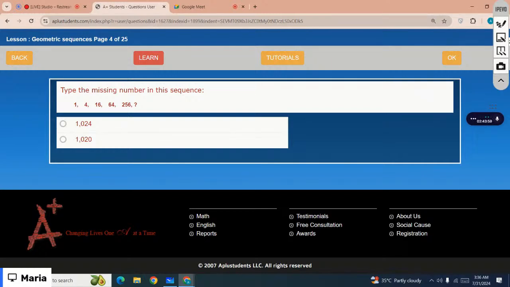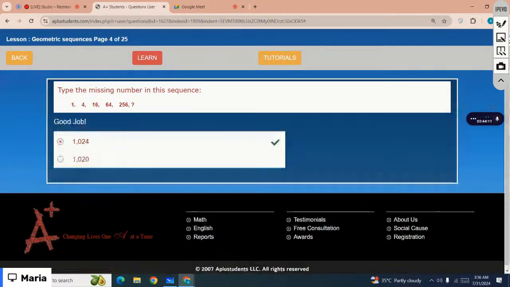Option number 1 is the correct option. You have to multiply 256 times 4 because the sequence is growing by multiplying by 4.